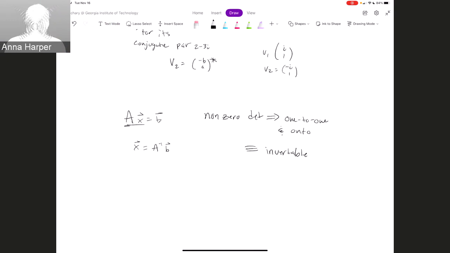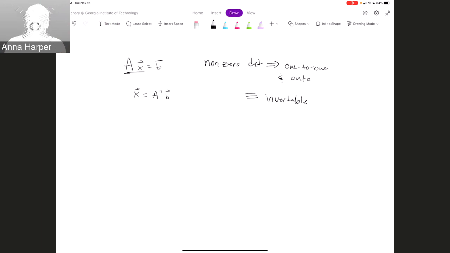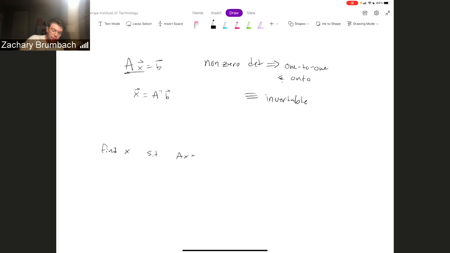With that one, if you're given a b vector and A, you would just find the inverse of A, multiply it by the b vector, and that would be x. An example of the question you saw would be: find x such that AX equals (2, 3, 4).